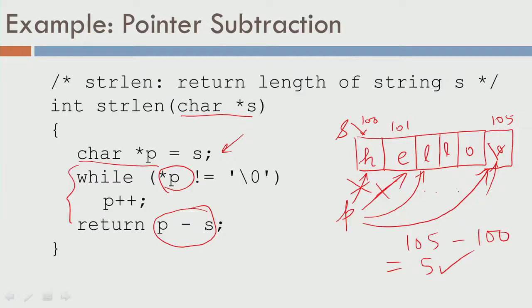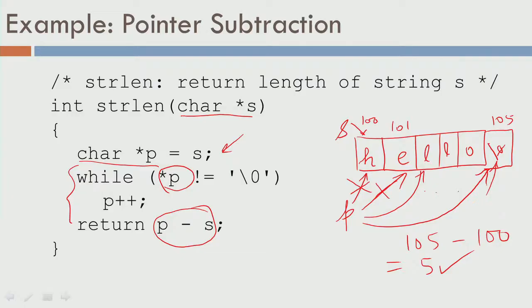So, let us not worry about what this return statement is and what is this strange looking int strlen and so on, that is for later, but as of now I just want you to pay attention to the while loop. So, it iterated over the elements of s and it stopped at backslash 0.